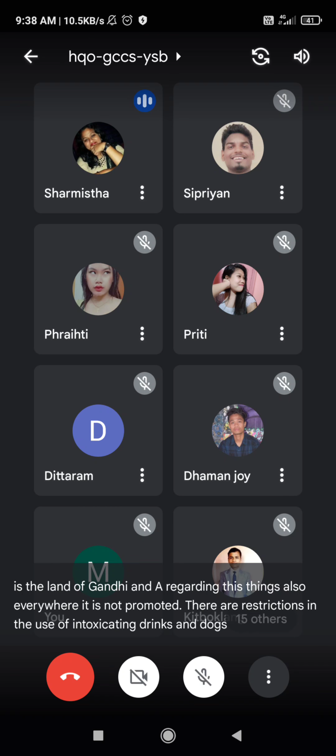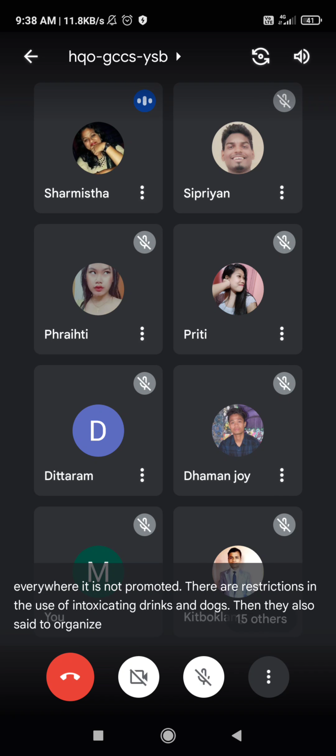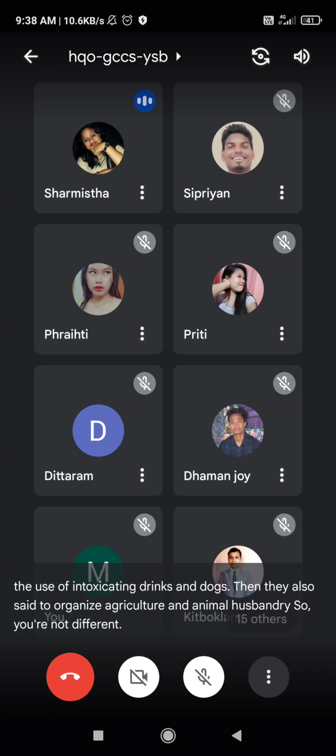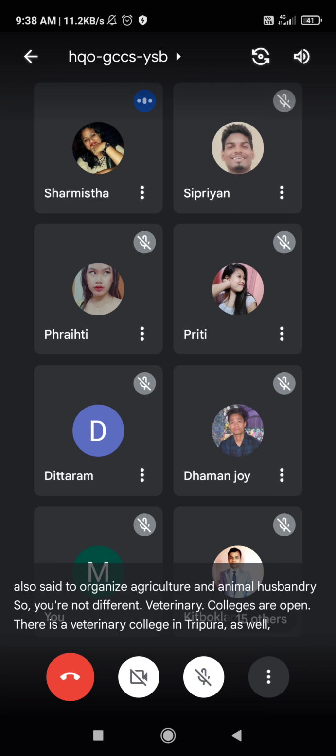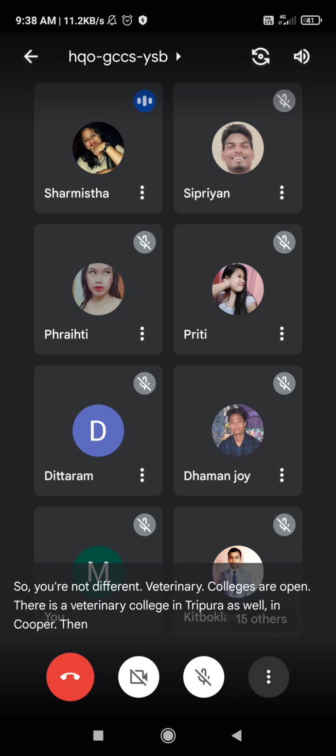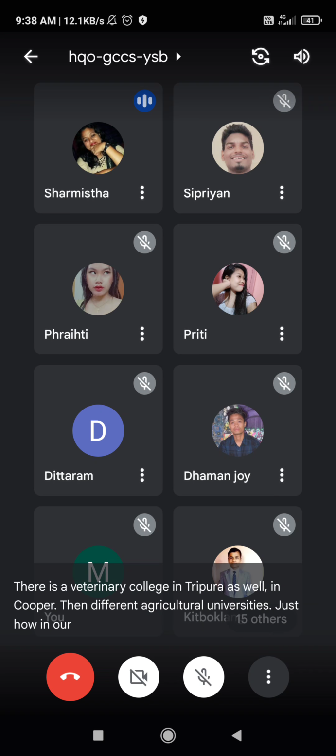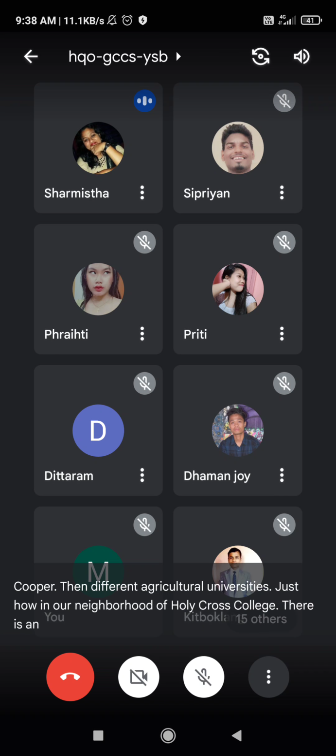Then they also said to organize agriculture and animal husbandry. So different veterinary colleges are open. There is a veterinary college in Tripura as well, in Kathalia. Then different agricultural universities. Just in the neighborhood of Holy Cross College, there is an agricultural college, isn't it?